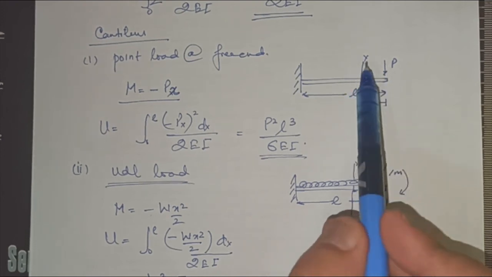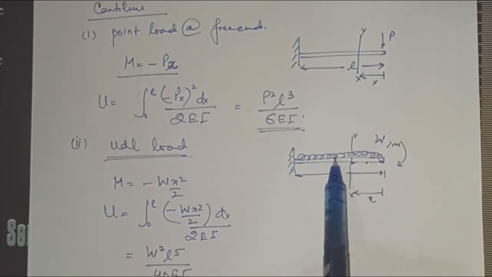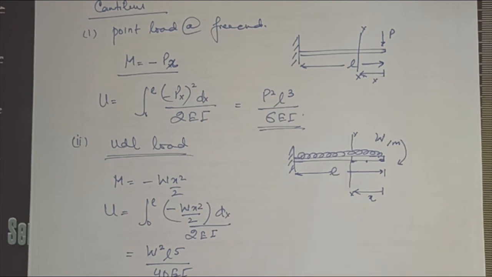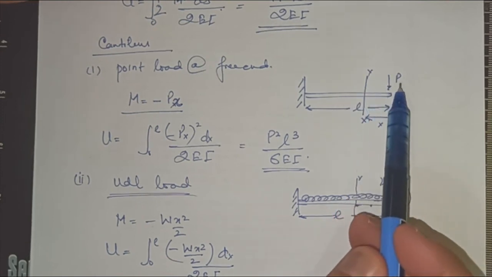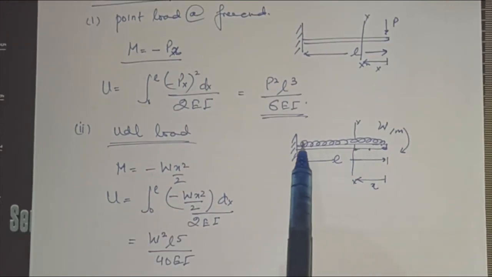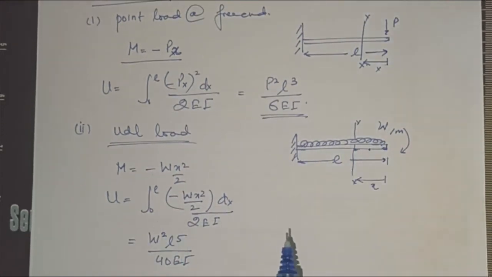So this is a point load, and in addition a UDL may also be applied. So remember that for a purely applied P, this is the case. For a purely applied W, this is the case. In these cases, these things go on changing, but the point remains the same.